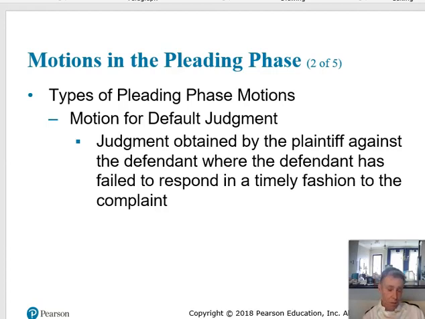Now, even if you win, there's a chance that they can come back and say, hey, sorry that we weren't able to answer on time. This was the issue that we were dealing with. And if it's something legitimate, the court will say, okay, we'll give you more time. But you should also have your answer there when you do the motion, responding to a default judgment.